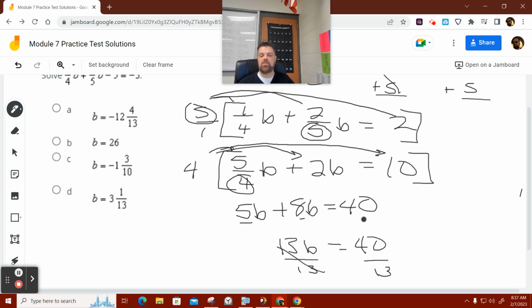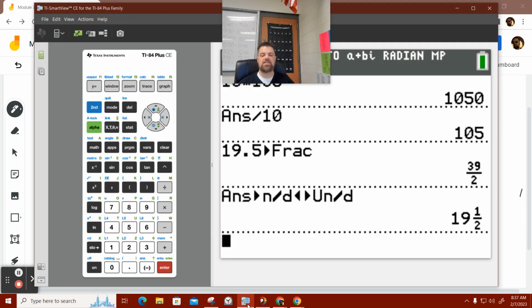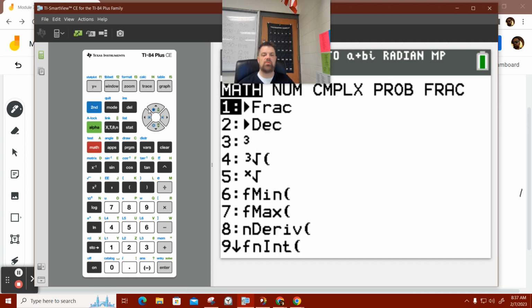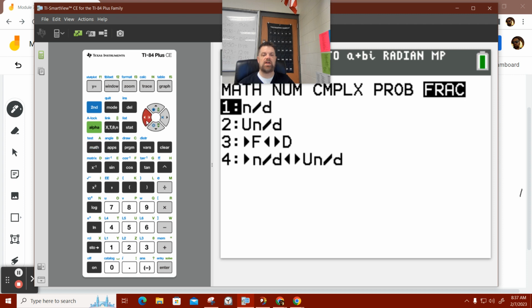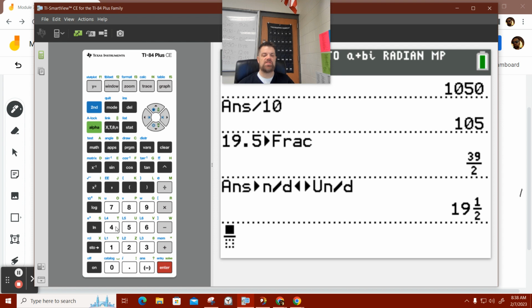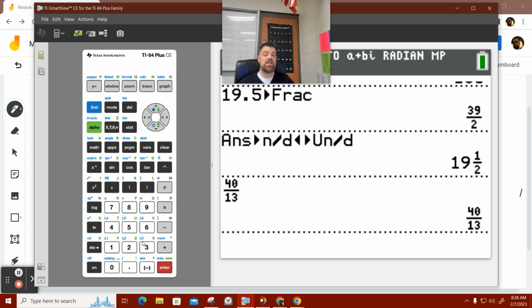Now, here is the thing. What does this equal? I notice I have mixed numbers. Can I find that answer on my calculator? Probably. Let's see. 3.07. No, we want it as a fraction. So I'm going to put it in as a fraction, 40 over 13, and when you hit enter, it just says, well, you didn't tell me what to do.